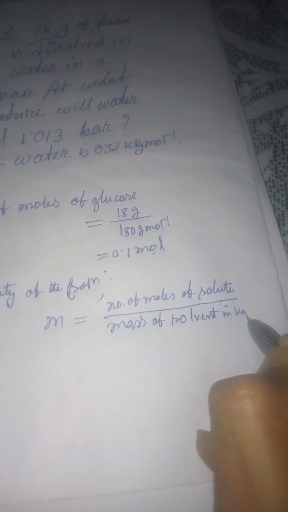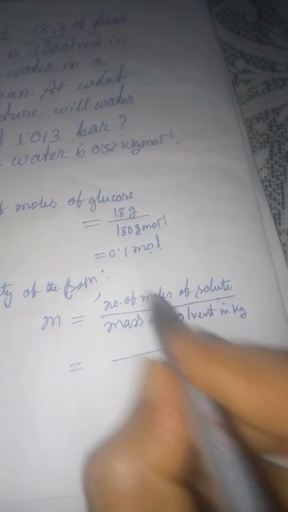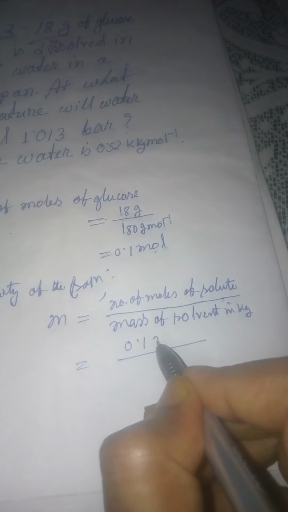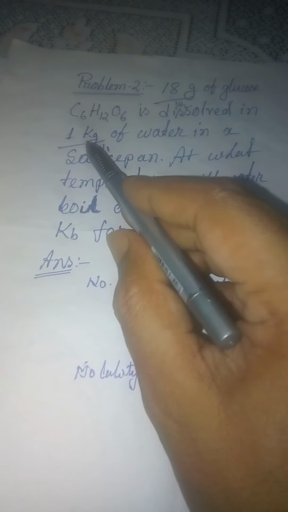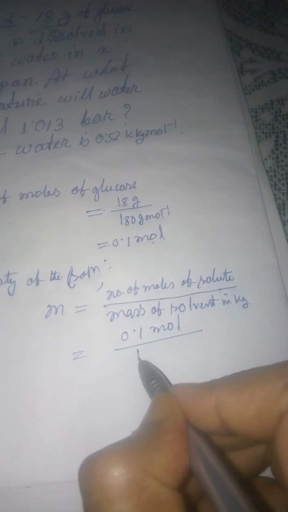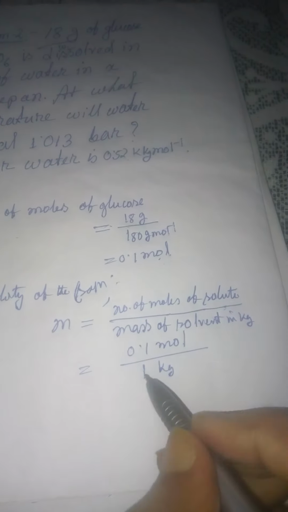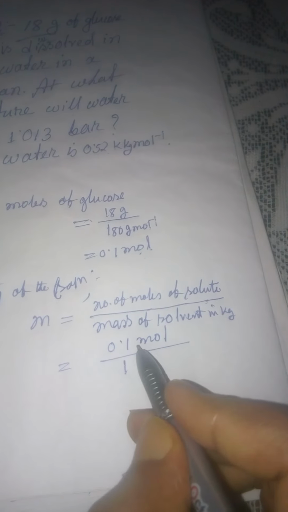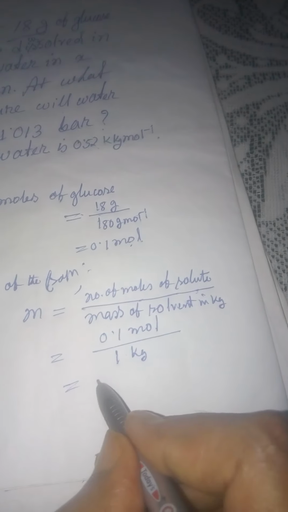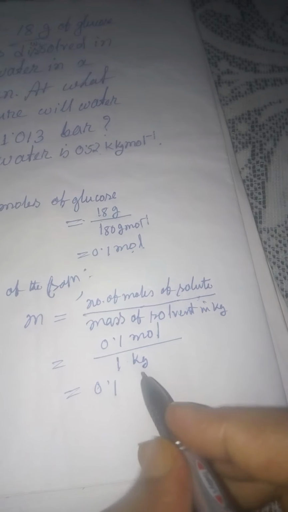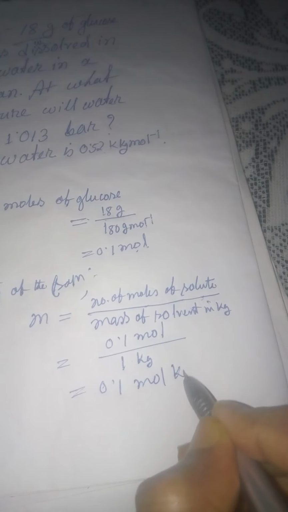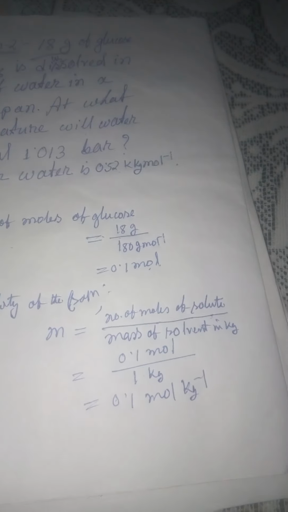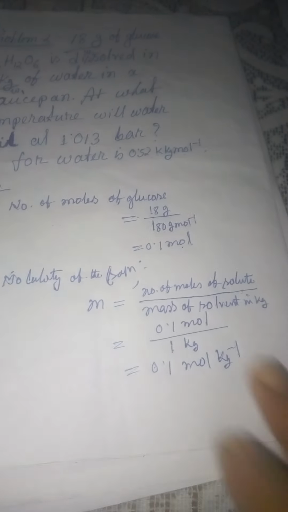That means number of moles, 0.1 mole, divided by mass of solvent, that is given, 1 kg. So 0.1 divided by 1 means 0.1 mole per kg, that is the molality.